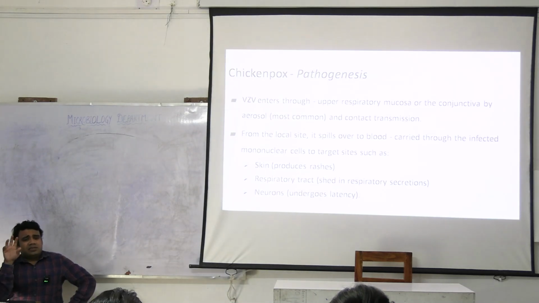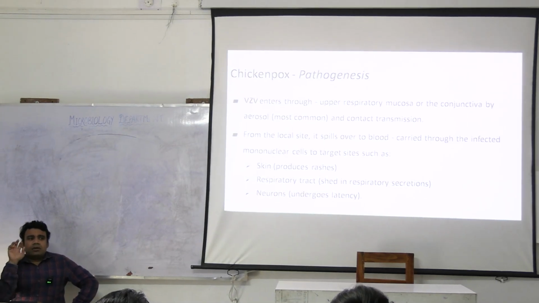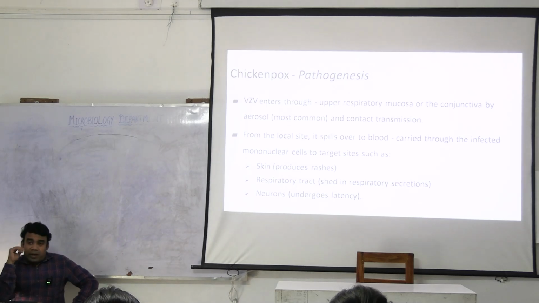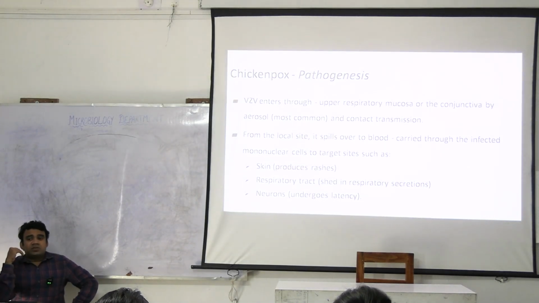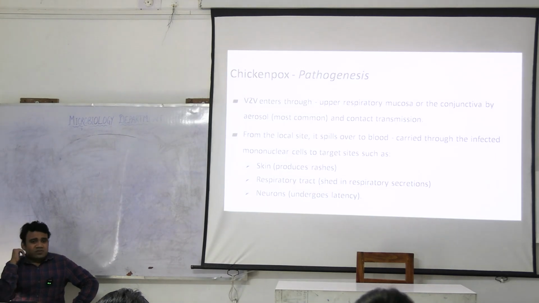However, it is generally seen that in children, these organs are less affected. Whereas in adults, the chances of end organ damage are much higher as the person ages. So chickenpox in an adult or an elderly patient is much more severe, whereas in children the severity is very low.